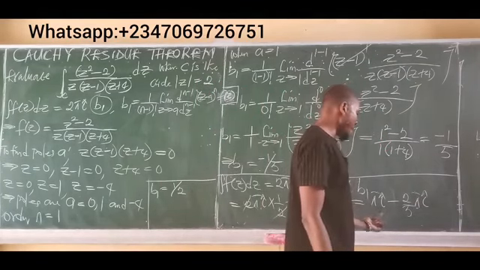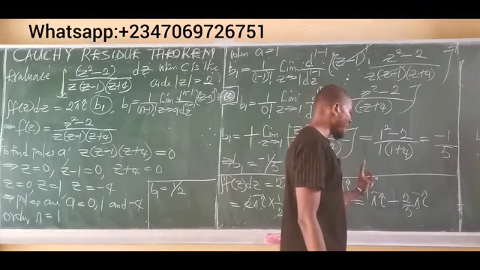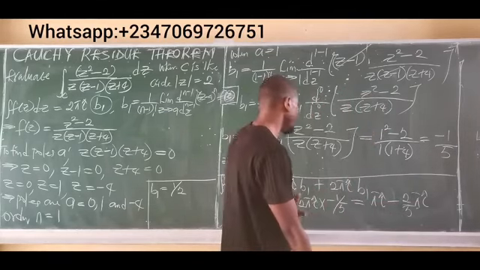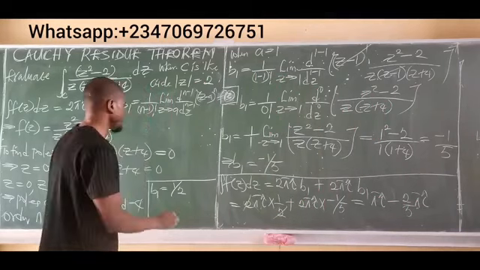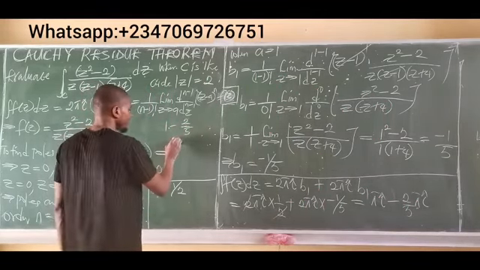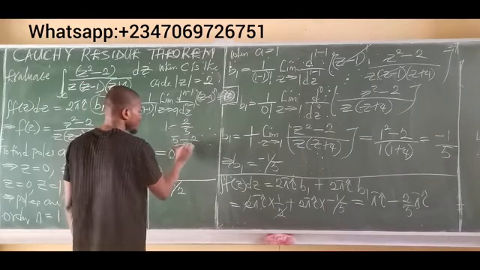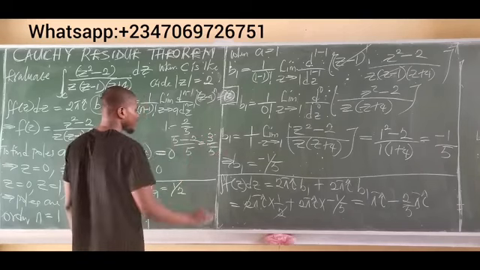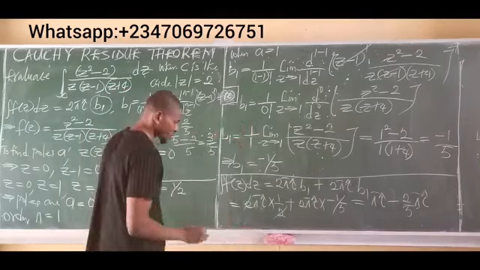This is pi I, which simply means 1 pi I minus 2 over 5 pi I. So you can actually evaluate that. Let's do a rough sketch here: 1 minus 2 all over 5. 5 is the LCM, so you have 5 minus 2 divided by 5. This will give you 3 all over 5.